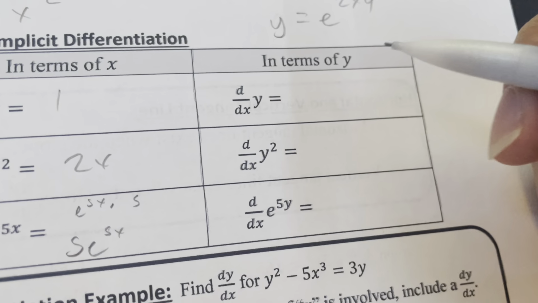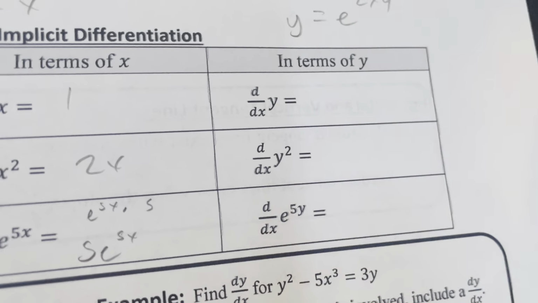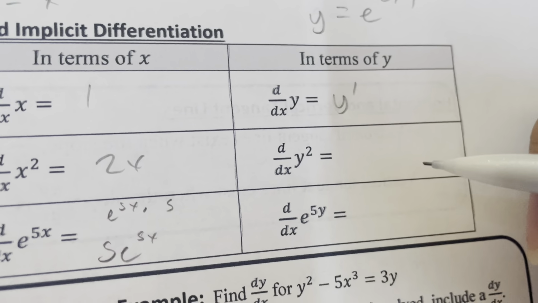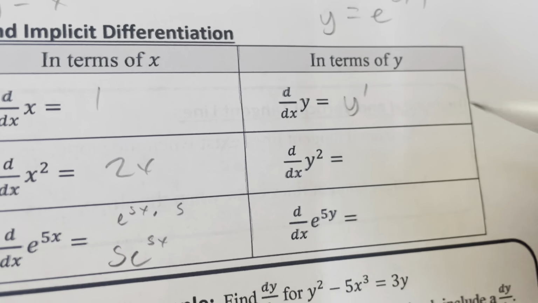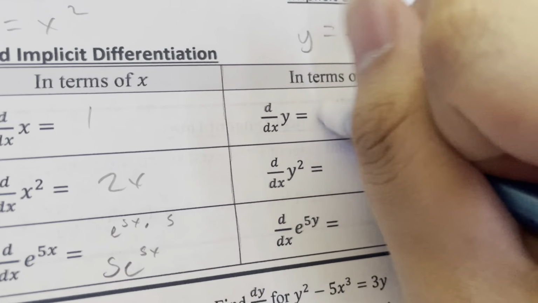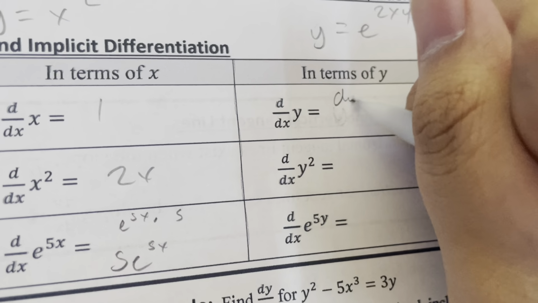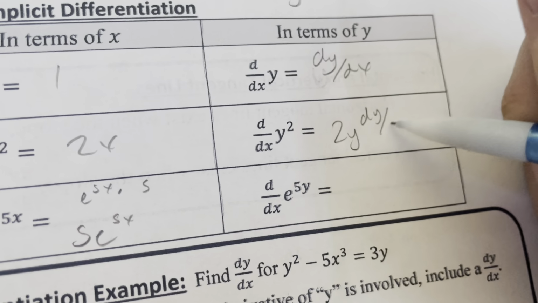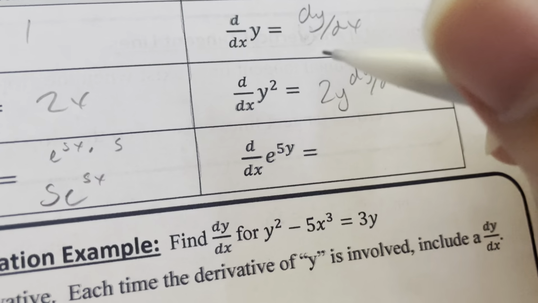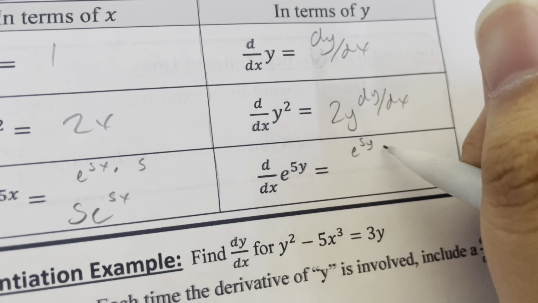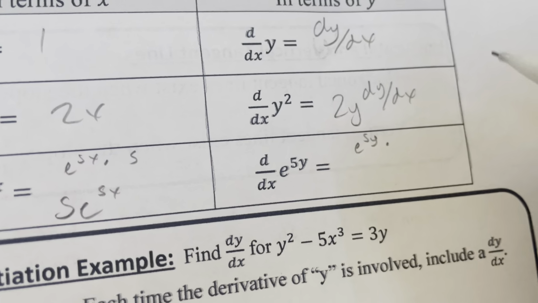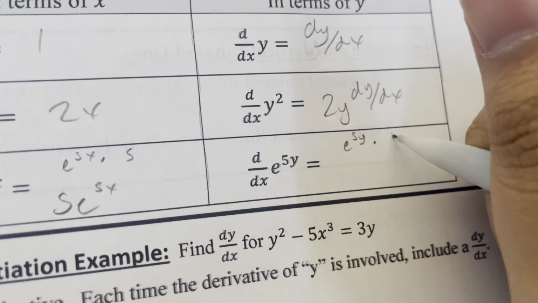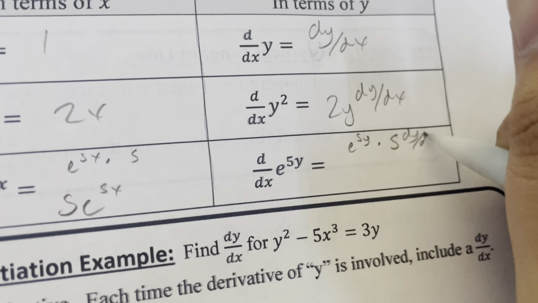In terms of y, we can say y prime, or instead of y prime, we could say dy dx. The derivative of y squared is 2y dy dx, and we apply the chain rule, so e to the 5y multiplied by the derivative of 5y, which is 5 dy dx.